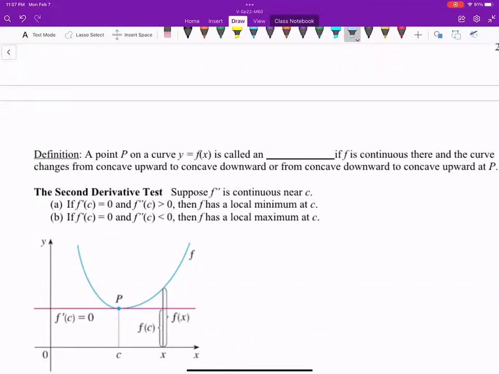A point P on the graph y equals f of x is called an inflection point where the concavity changes direction, either from concave up to concave down, or from concave down to concave up.